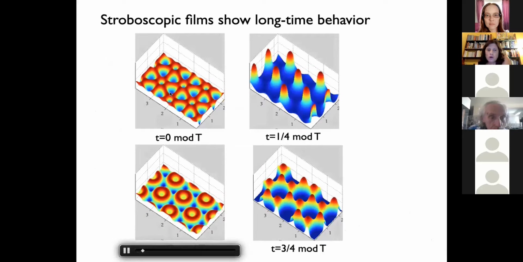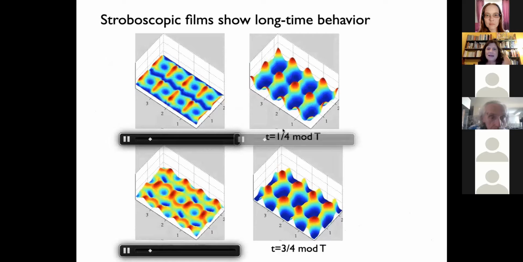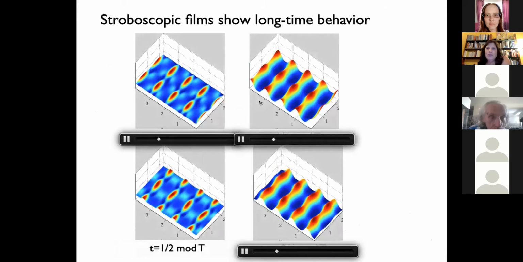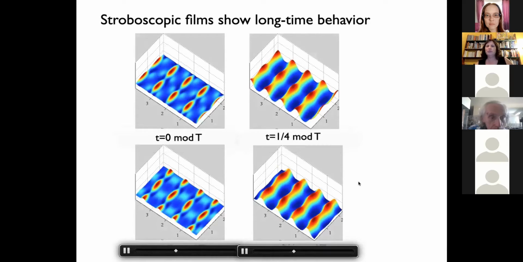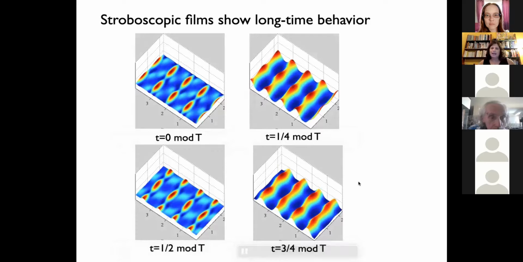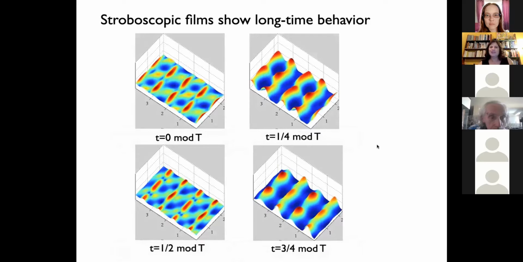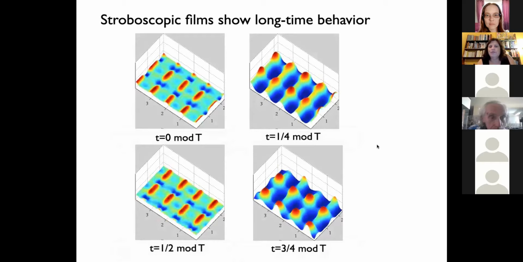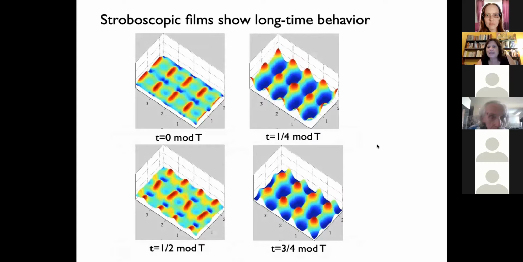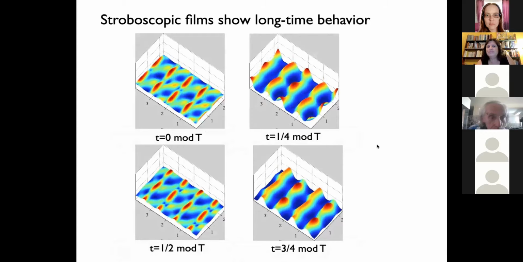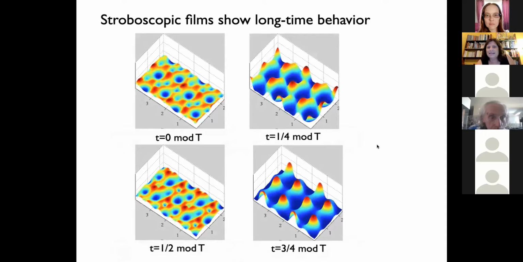Here are strobed pictures. This is at time 0, t/4, t/2, 3t/4, where you've eliminated the basic Faraday oscillation, and you just see the evolution of the pattern as it goes from beaded stripes to hexagons, to beaded stripes to quasi-hexagons.